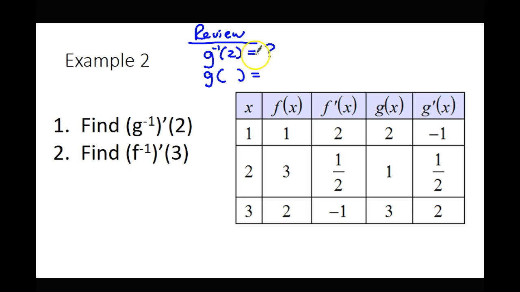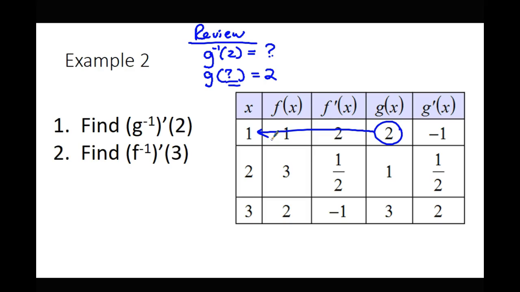If g inverse of 2 equals question mark, then g of question mark equals 2. So we're going to look in the g column for a 2. You guys see it? What's the x value that goes with that? 1.